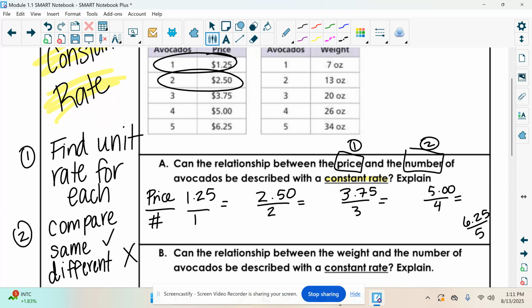Michael, what'd you get? $1.25. Skylar, what'd you get? Who did I say for 3? Tinley. Corey.